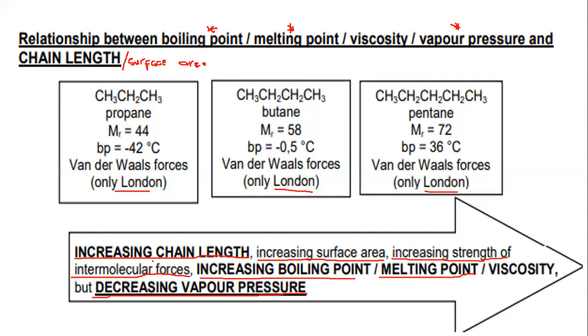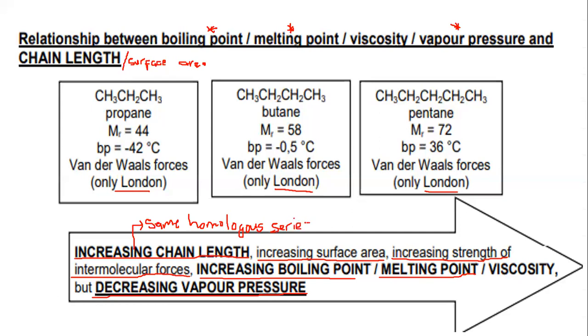And hence, we have to talk about the chain length. Why? Because we are comparing molecules of the same homologous series. In other words, when we compare molecules of the same homologous series, they contain the same types of intermolecular forces.